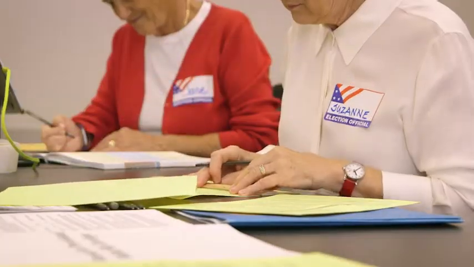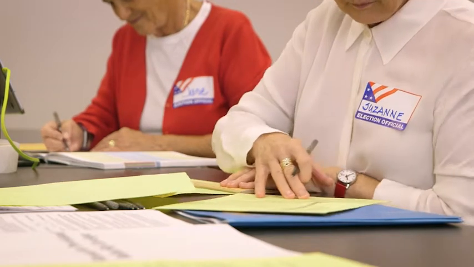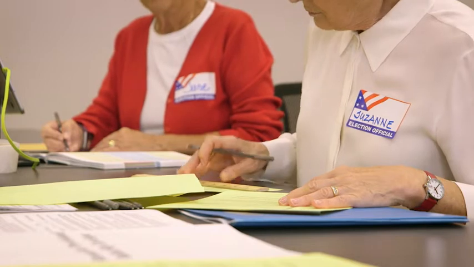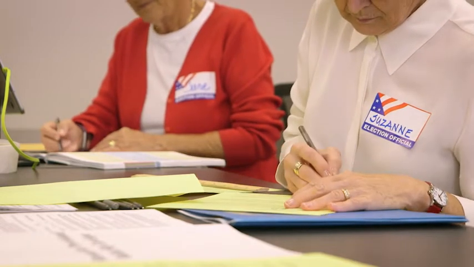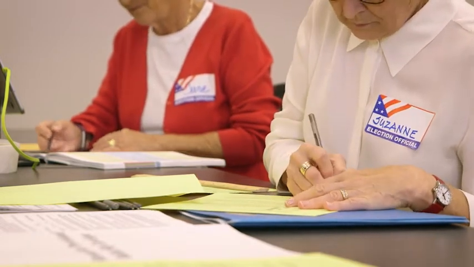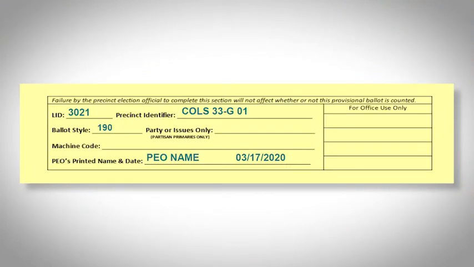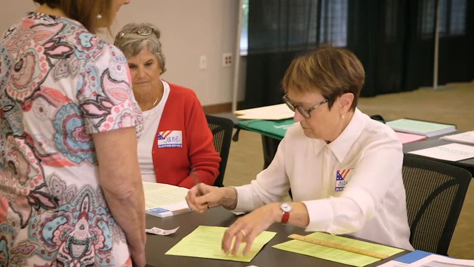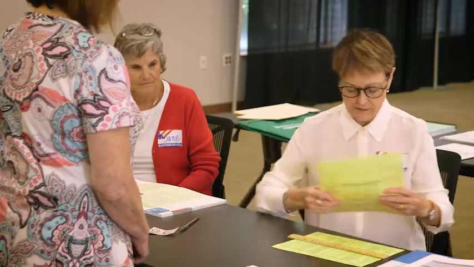We recommend that you use the ruler provided to make sure that you stay on the same line from address to precinct identifier and ballot style. Fill in her precinct ID, Columbus 33G01, ballot style 190, at the bottom of the envelope. You, the PEO, must then print your name and date the envelope as well.